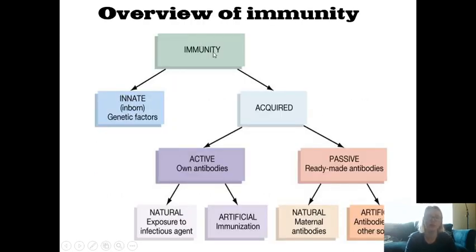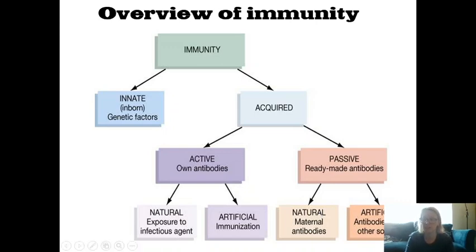So, an overview of immunity. You've got innate. Some people have genetic factors that mean they're immune to particular diseases. You can have acquired, which are the ones that you gain throughout your life. You can have passive acquired immunity. Natural, where you have maternal antibodies through the breast milk or over the placenta.